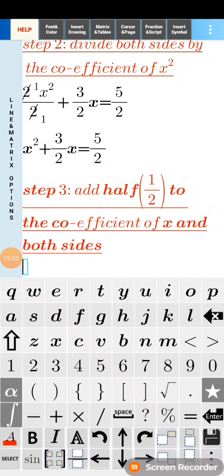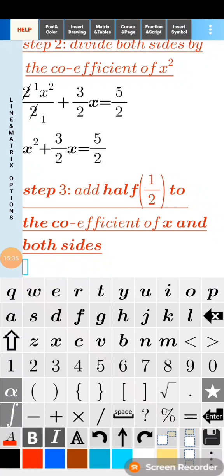So the coefficient of x is 3 over 2. Before I add half the coefficient of x, I'm going to multiply the half with the coefficient of x, which is 3 over 2. I'll do a rough work here so that you can see it.